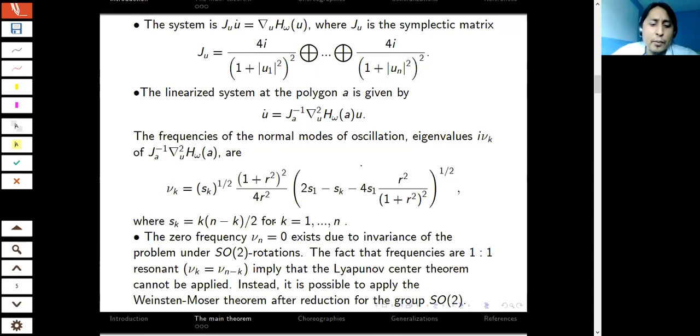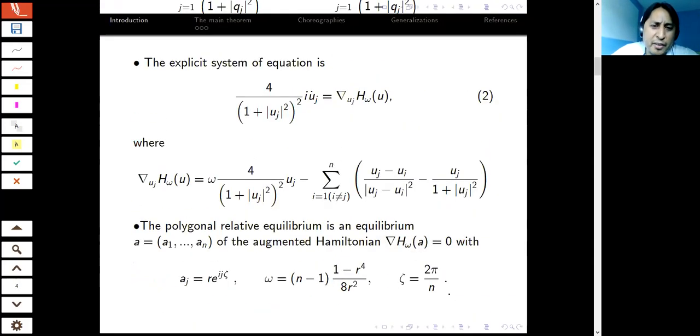What else can one do? Instead, it would be possible to apply the Weinstein-Moser theorem, but just after a reduction by the action of the group SO(2). So what would be the procedure in order to prove the existence of those periodic solutions? You reduce by the action of the group of rotations SO(2) for this Hamiltonian system.